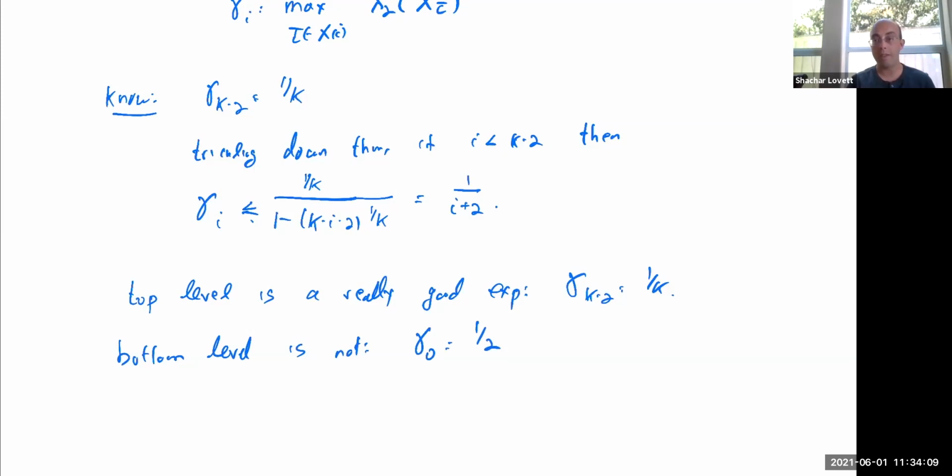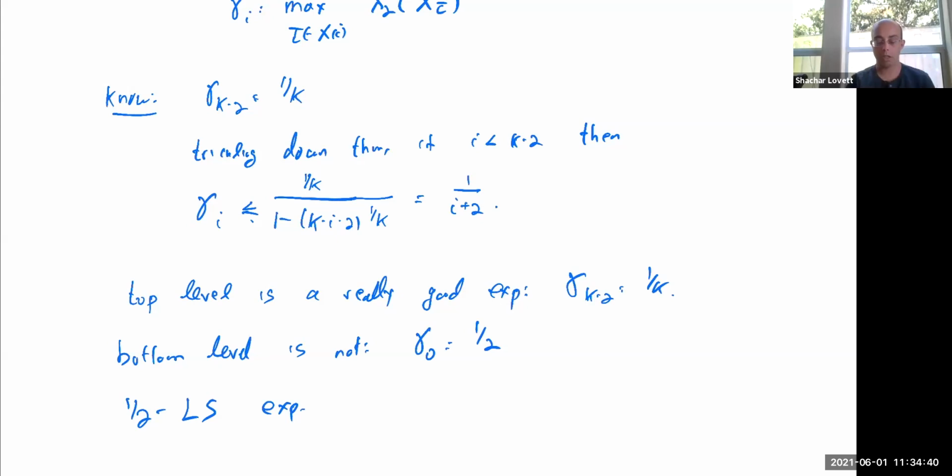So if we take all the levels together, then this is really a half local spectral expander. This is how we define local spectral expansion: we took the max over all possible levels, all possible faces in them. So this is not a very good local spectral expander, but it's only becoming bad at the bottom levels. The top levels are nice and fine. Just the bottom level is problematic for us.